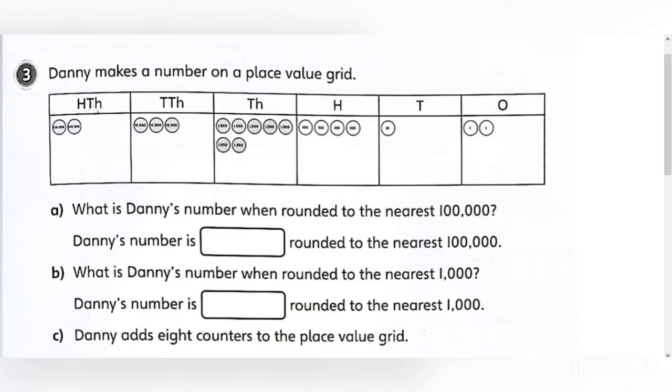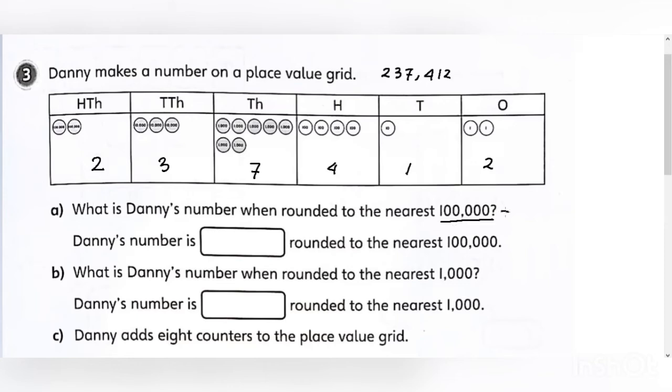We have two numbers here, and then 3, and then 7, and then 4, 1, and 2. So Danny's number is 237,412.